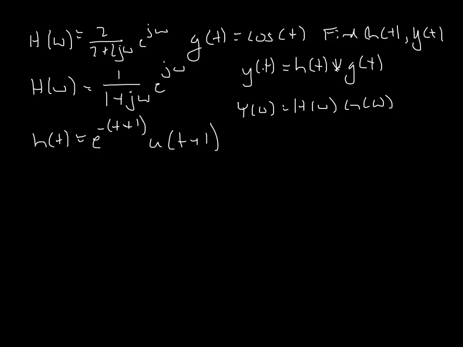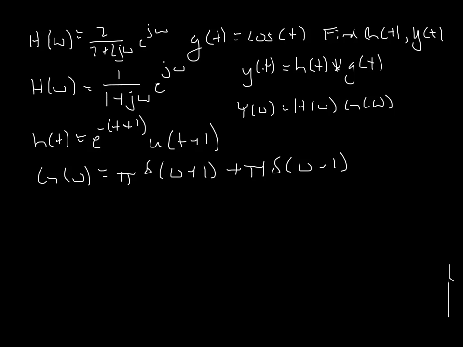So G of omega is going to be equal to pi times the delta of omega plus 1 plus pi times the delta of omega minus 1. And that's just one of our Fourier transform formulas for what the cosine of t is.